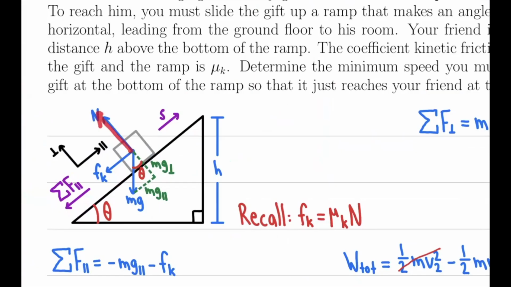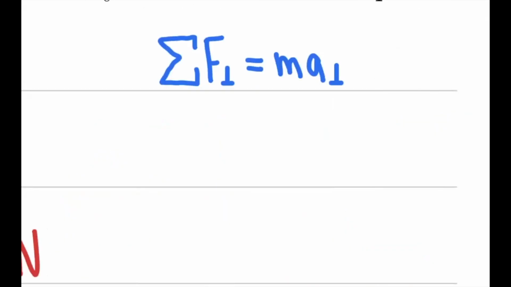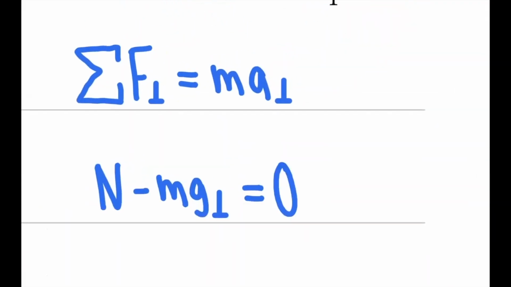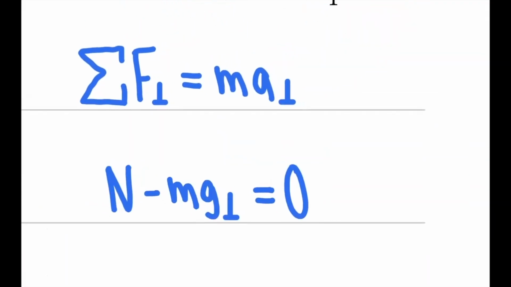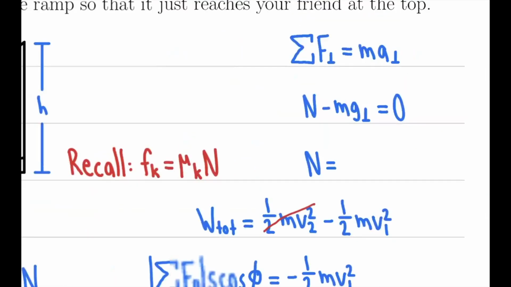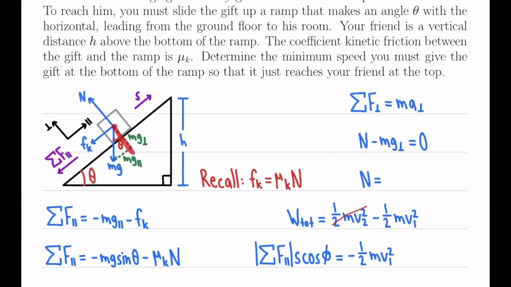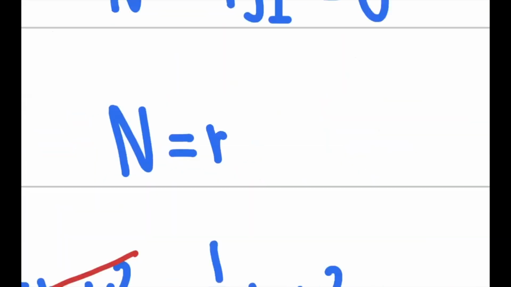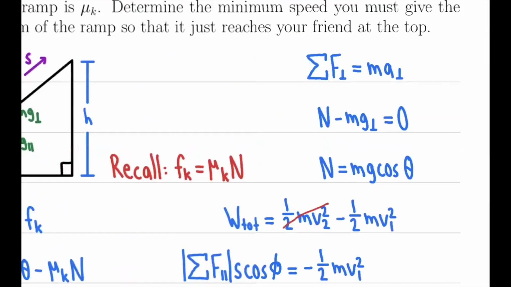Normal minus mg perpendicular, and that is 0. So you can add mg perpendicular to both sides, and it's adjacent to theta, so cos keeps it close, so mg cosine theta.